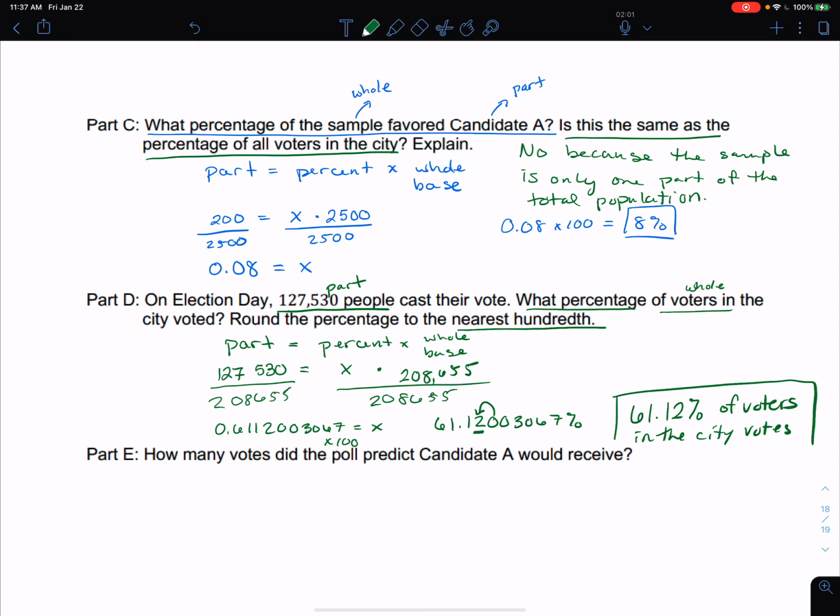If we look at Part E, they're asking us how many votes did the poll predict candidate A would receive.